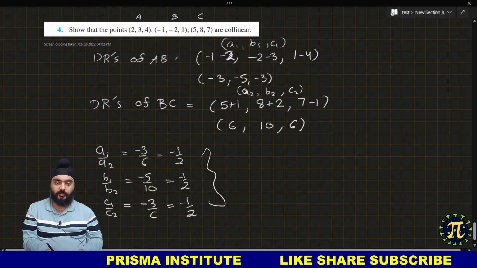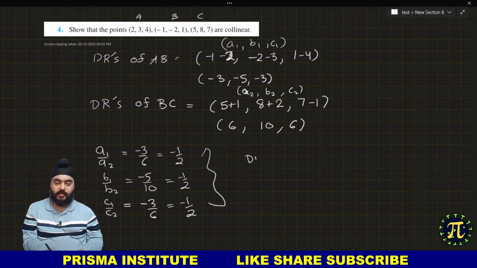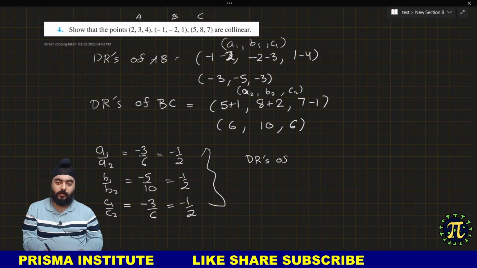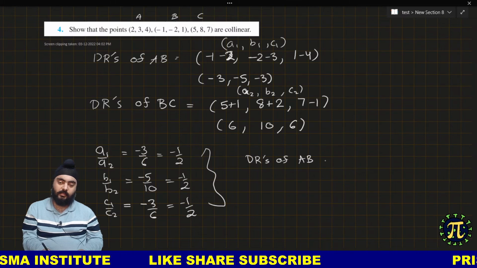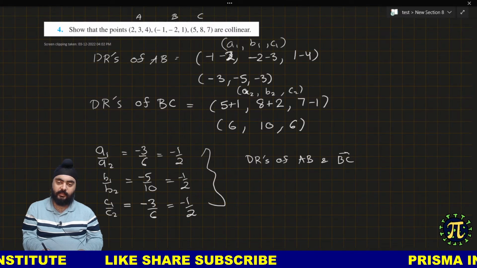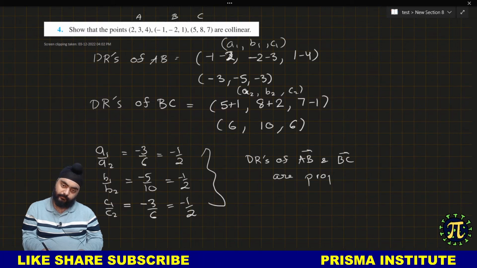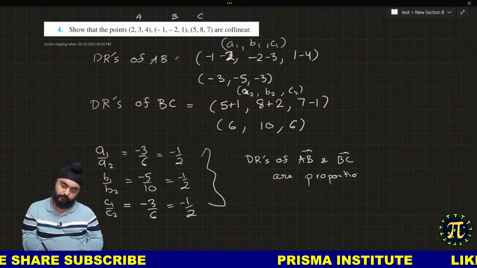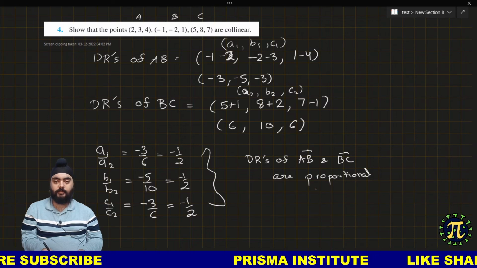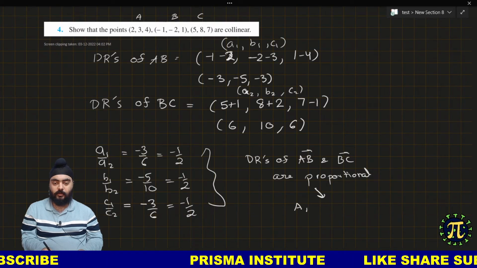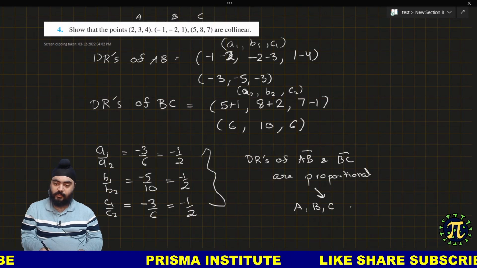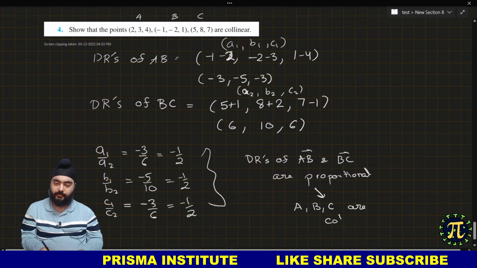So from all this I can say direction ratios of AB and BC vector are proportional. So A, B, C are collinear.